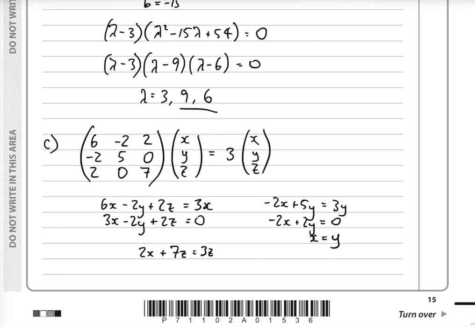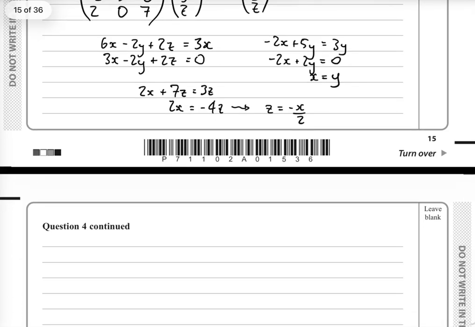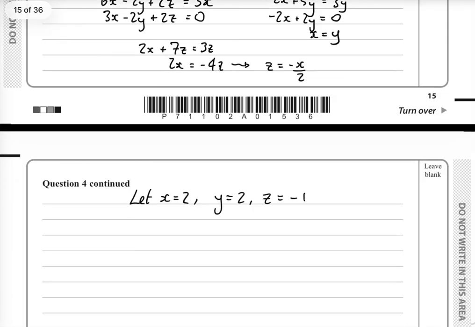We did have all this information further up. We could have just put minus 2 in for k in the expressions we already had. That's minus 4z, 2x. So if I put everything in terms of x again, we get z is equal to minus x over 2. So we've got all the relationships there. If we let x equal 2, then y is also equal to 2, and z is equal to minus 1.